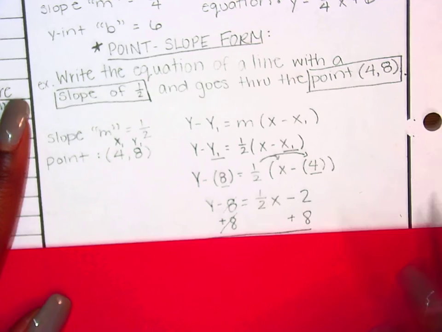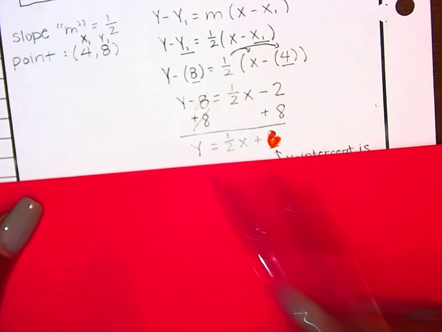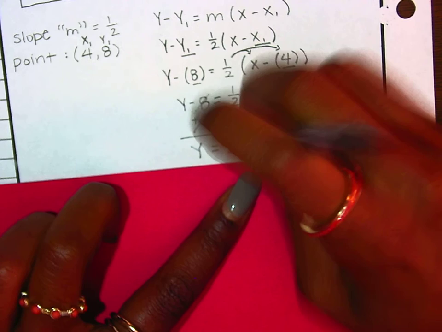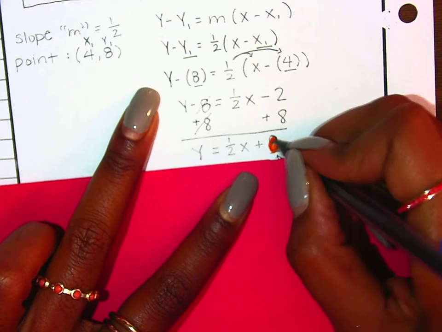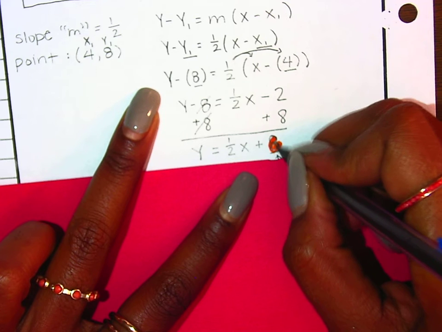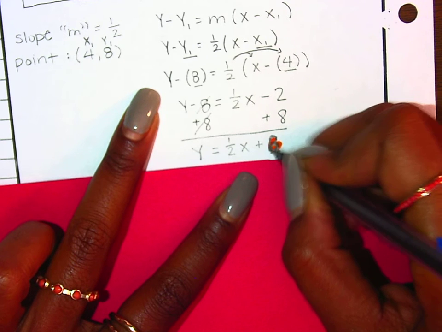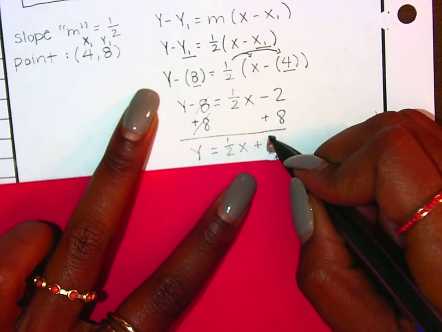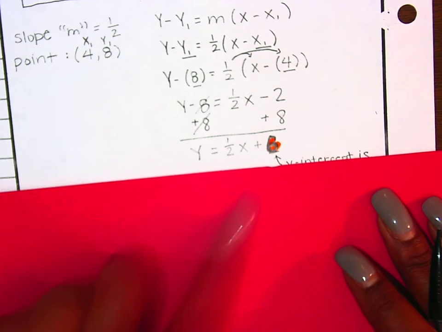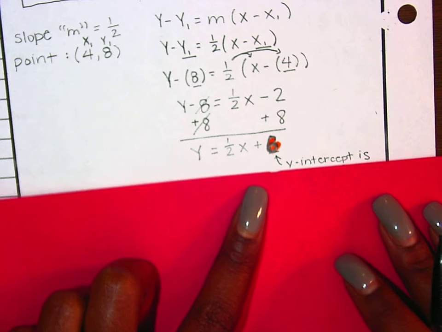Make sure you do it to both sides. And then I end up with y equals 1/2 x plus 6. Okay, so y equals 1/2 x plus 6.